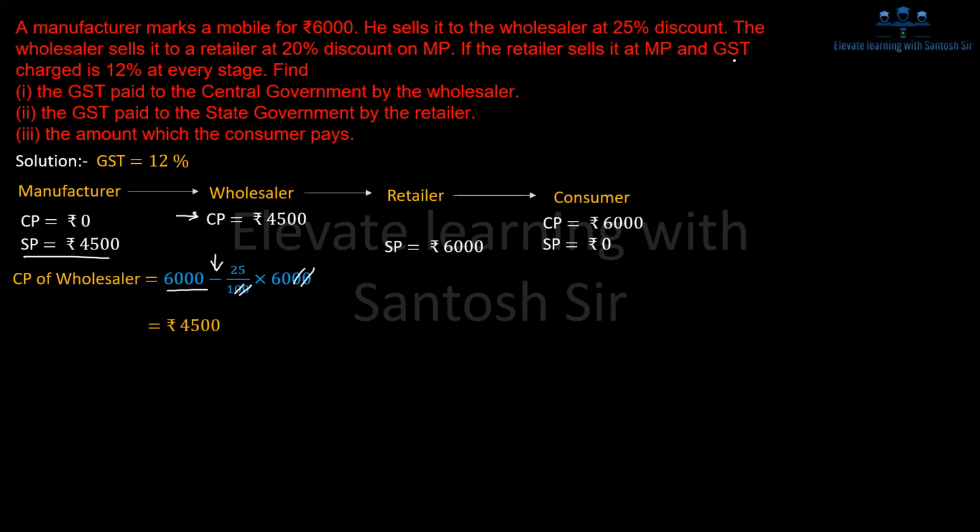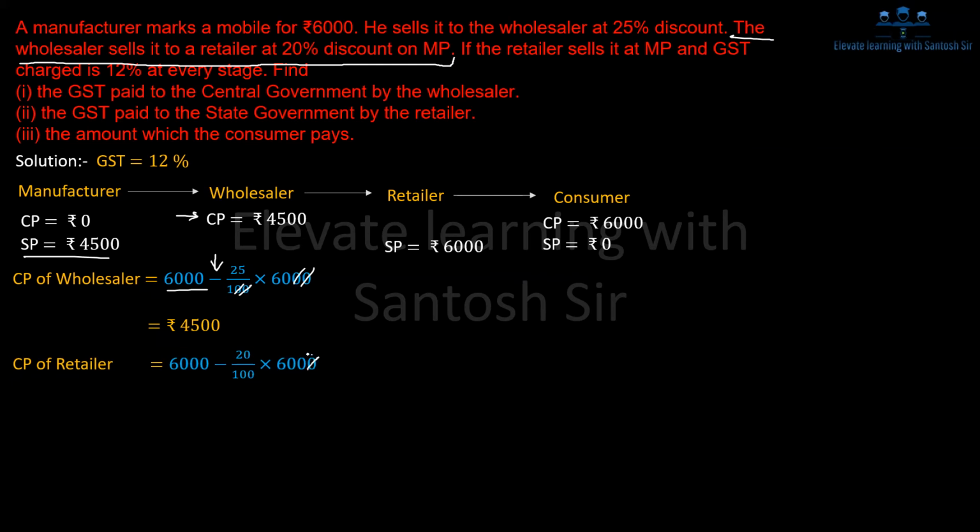Let us proceed. What happens after that? The wholesaler sells it to the retailer at a discount of 20%. So selling price of wholesaler we have to find, or we can say cost price of the retailer we can find. So cost price of the retailer will be 6000 minus 20% this time, because he is receiving a discount of 20% on 6000.